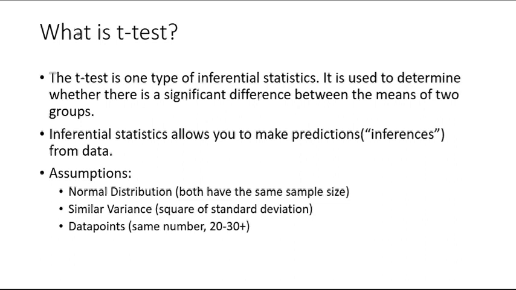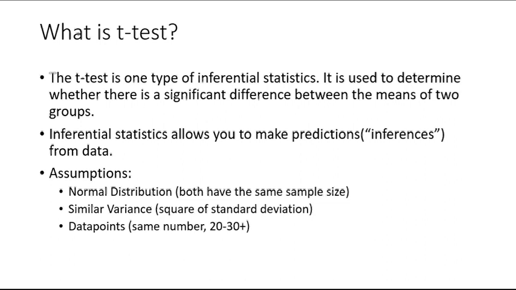The t-test is one of the inferential statistics. When we say inferential statistics, it allows you to make a prediction by using data. It is used to determine whether there is a significant difference.